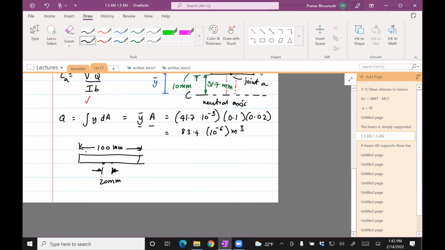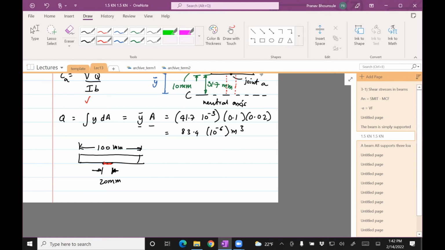This piece is 20 mm, that is the joint, but then immediately after the joint, there's a 100 mm width, right? So you could choose 100, you could choose 20.